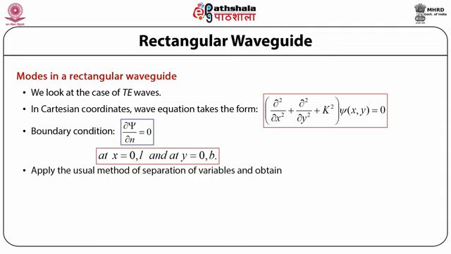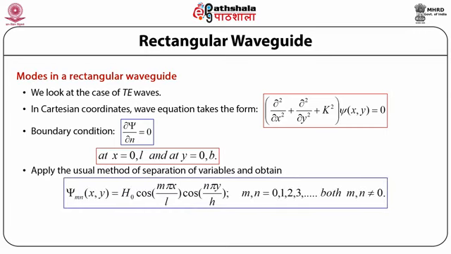Applying the usual method of separation of variables, we obtain the relation for the wave function psi subscript mn as a function of coordinates x and y, equal to h naught times cos of m pi x by L times cos of n pi y by b, where m and n are integers which take the values 0, 1, 2, 3 and so on, and m and n are not both equal to 0.